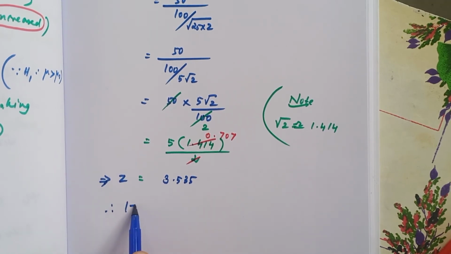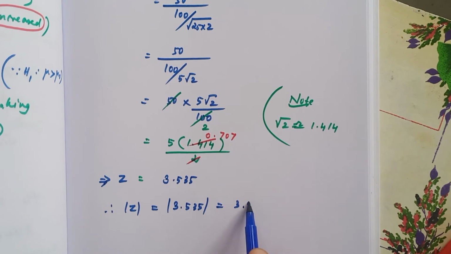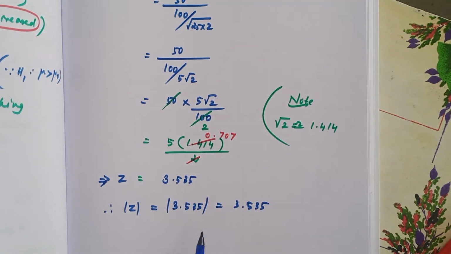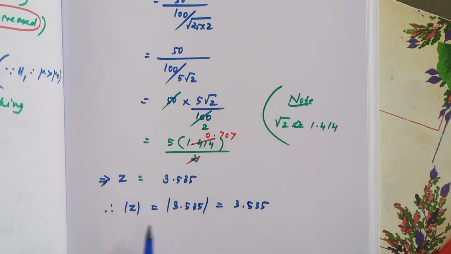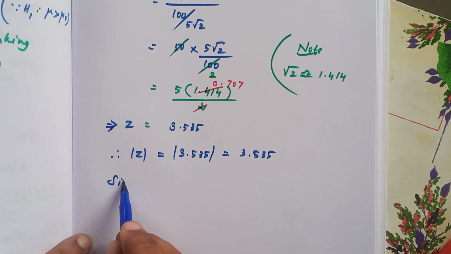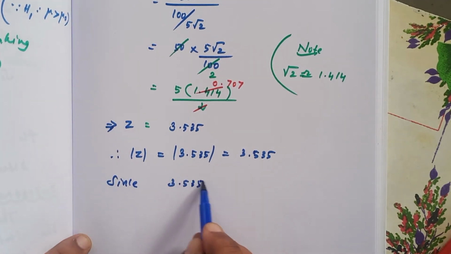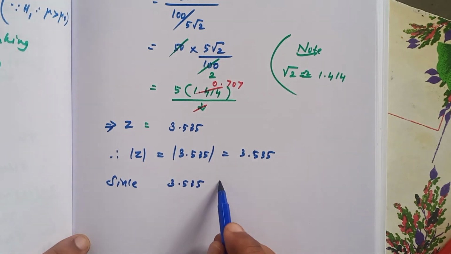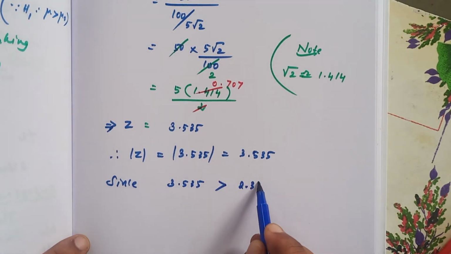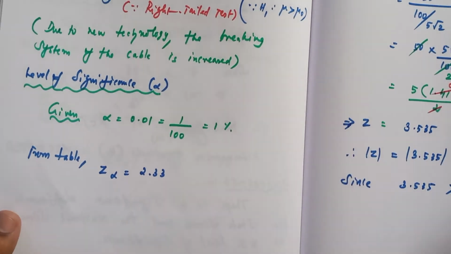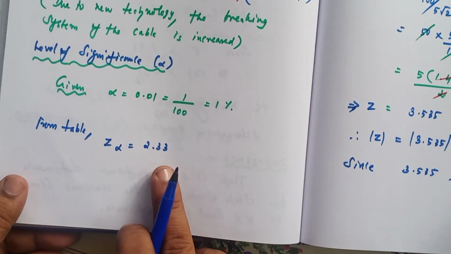Therefore, modulus of Z equals modulus of 3.535, that is equal to 3.535. It is an absolute value, always positive only. Now, write the result. Since 3.535 is greater than 2.33, look at the Z alpha value, that is 2.33.